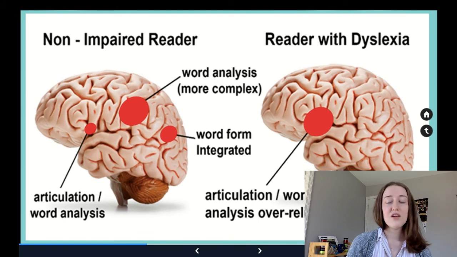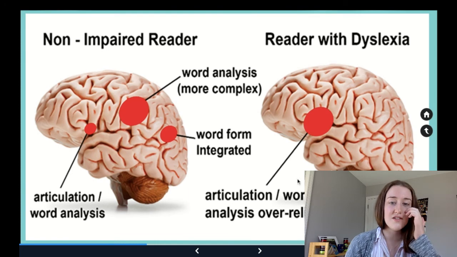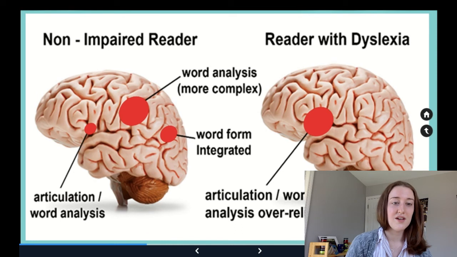And as you can see, Broca's area is a much bigger spot in the reader with dyslexia's brain versus the non-impaired reader's brain.